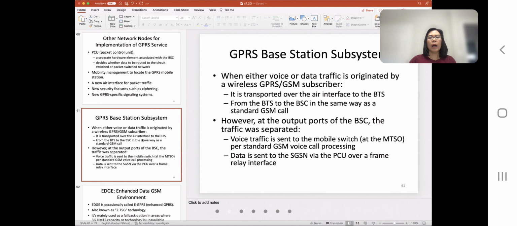And then we will need some modification in the base station subsystem itself in order to support data traffic. Basically, both voice and data will use the same base station controllers and the same base station, just like before, right?